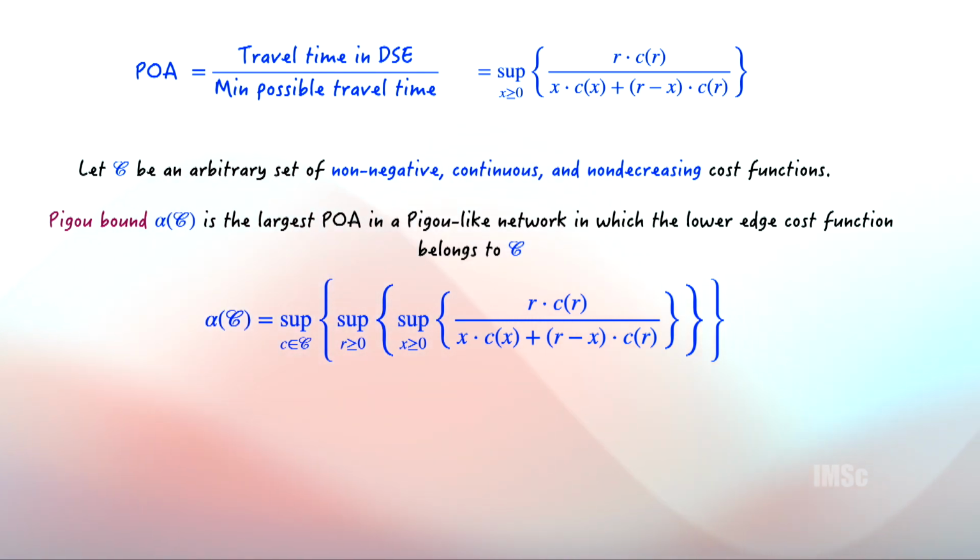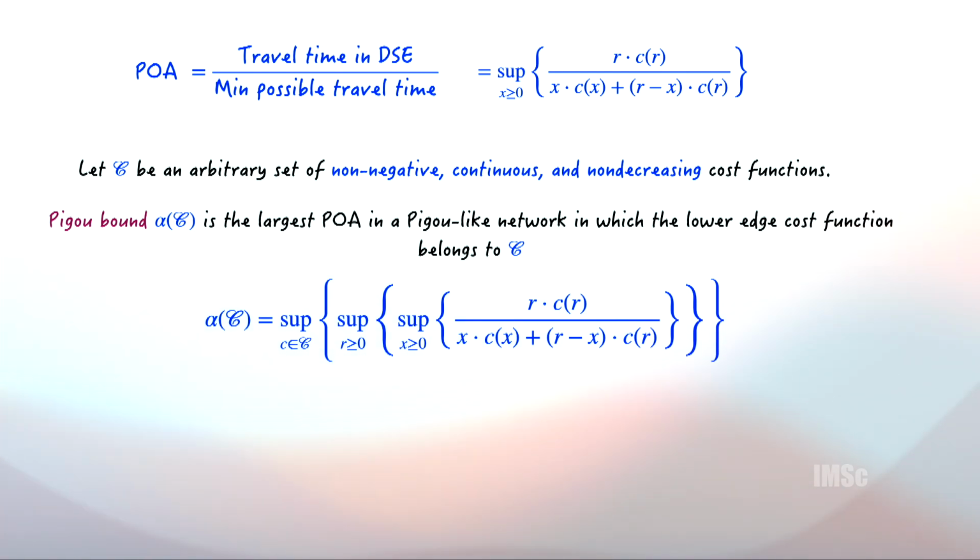Now, I am looking at a family of Pigou networks, okay, where the cost function can be something from this class C, and the volume of traffic you route can be some value R. Within this class of Pigou networks, the largest possible alpha C you can define. When I say Pigou network, that is all I am talking about.